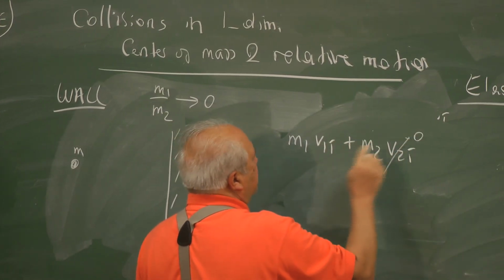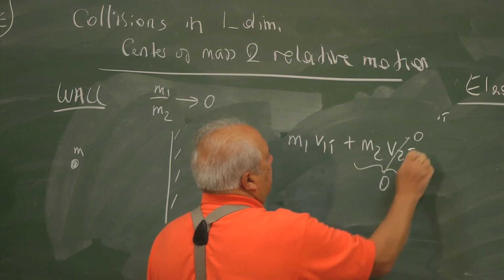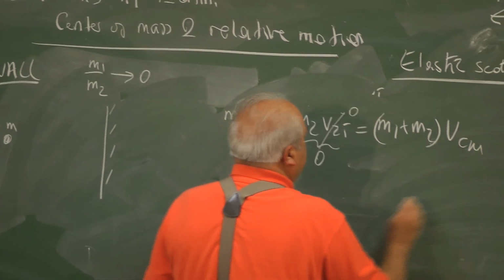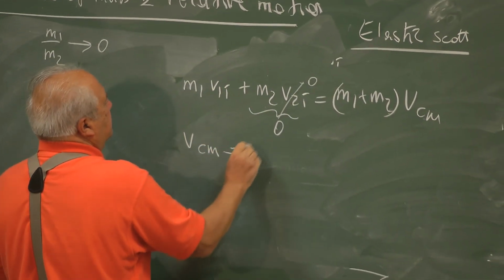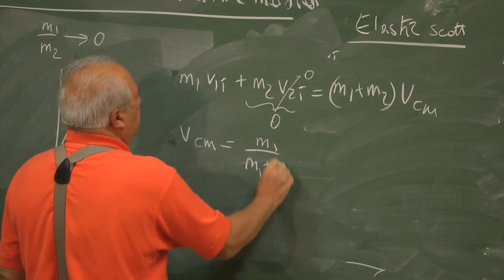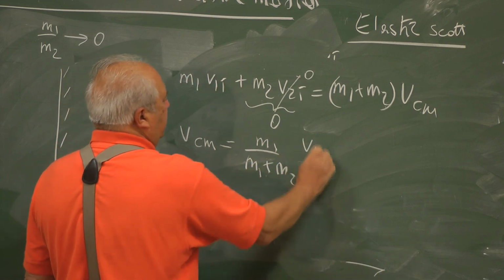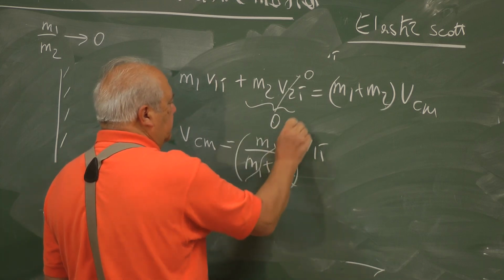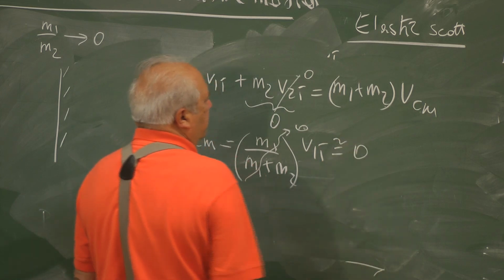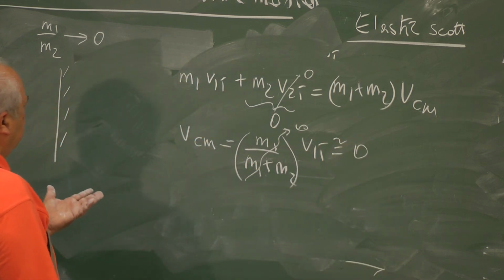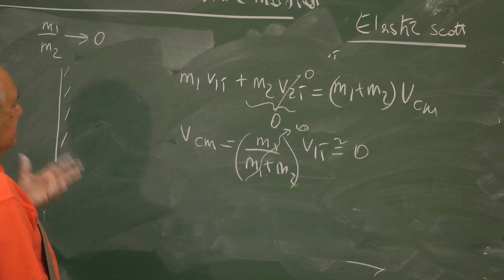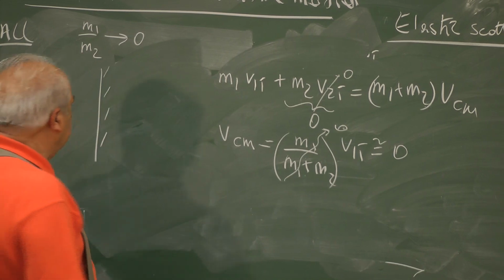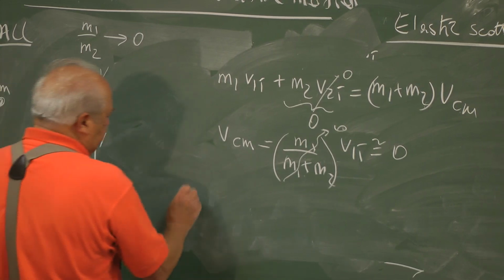So M2 is very large with respect to 1, but this is 0. This is equal to M1 plus M2 V central mass. So V central mass is M1 over M1 plus M2 V1I. But M2 is very large, so this is basically like 0. So central mass velocity is 0, which means the lab frame is the central mass frame. Okay. So what happens to the reduced mass?